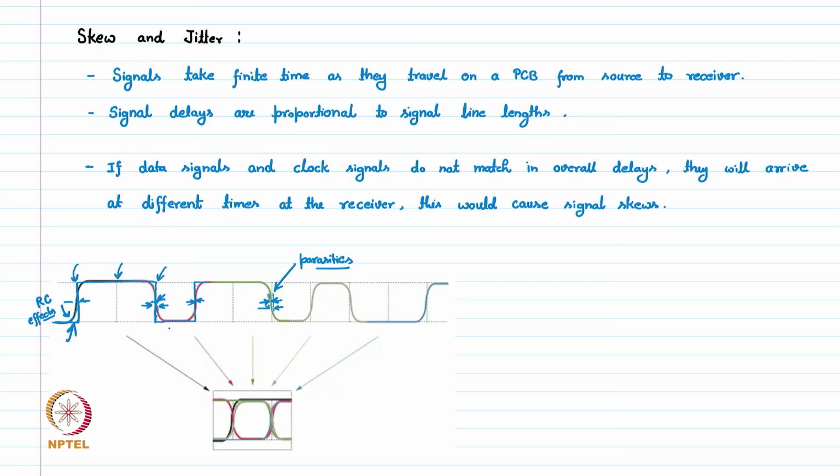We have one rise here and one rise here in this signal, and both have different delays. These TPLH are different, let's say TPLH1, and here we have TPLH2. These two are different. So these are the issues which we want to encounter. This causes the signal skews.